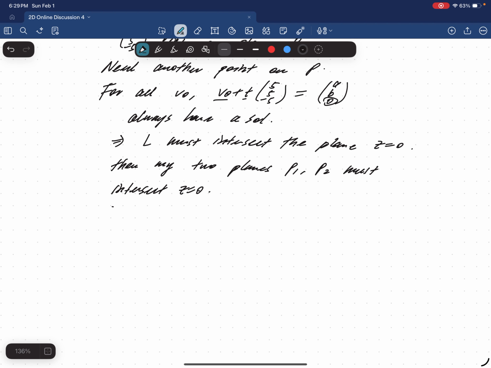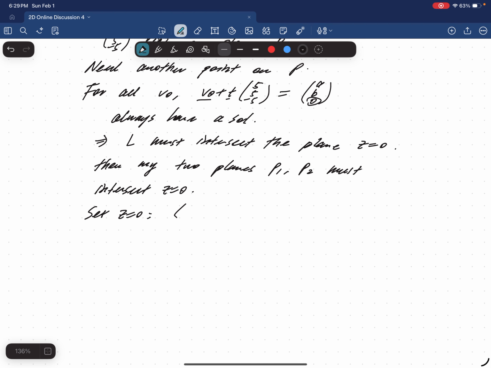So let's set z = 0, and the equations for the two planes P1 and P2 reduce to x + 2y = 1 and 2x - y = -3.